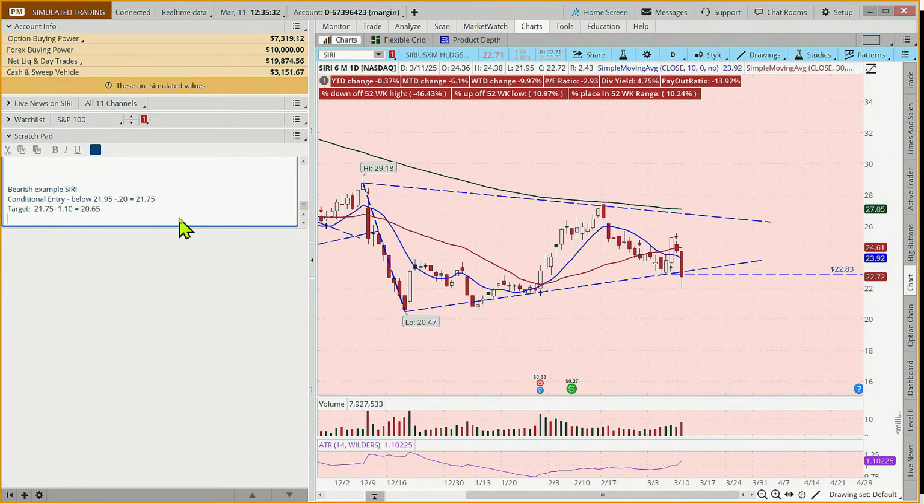Now, if the trade goes against us, usually what some traders might consider doing is saying, hey, if it goes $1.10 above that candle's high, then we want to exit. But we don't know what that's going to be yet. So we're just going to put in this conditional order, and if and when it fills, then we'll put an exit in. So we're going to come to the trade tab.